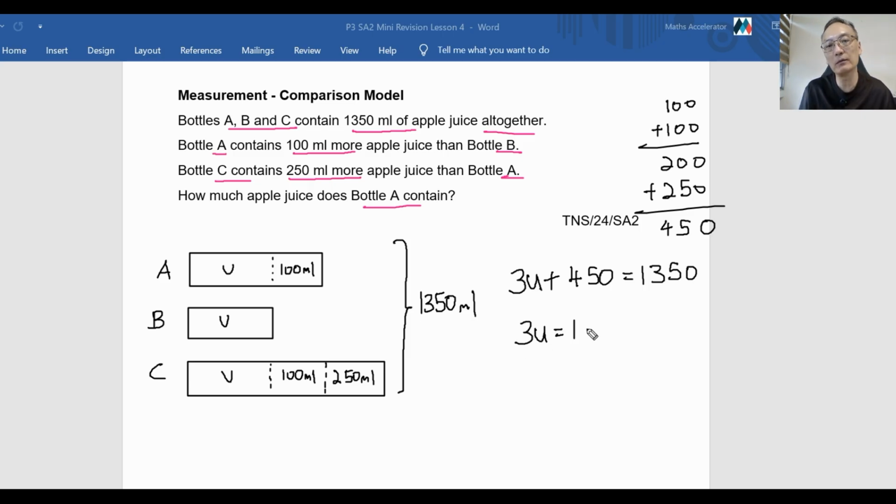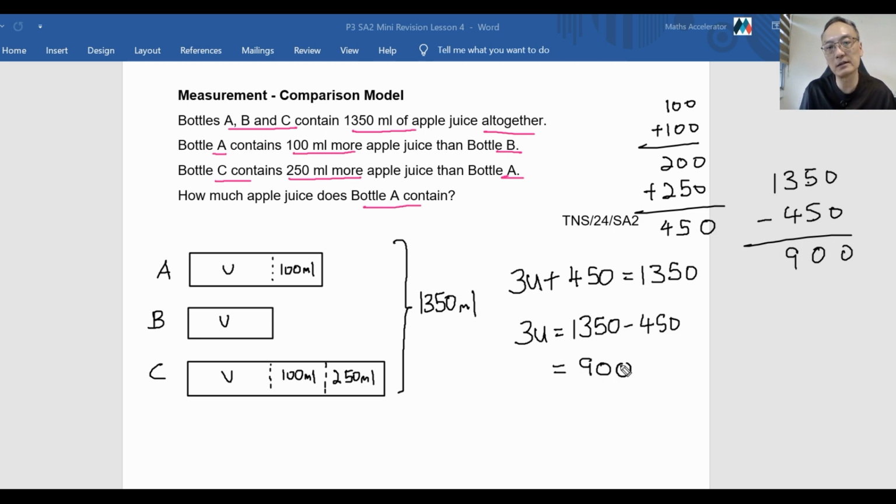Next, we have to find the value of these 3 units. So we're going to take away 450 from the total. 1350 minus 450. 0 minus 0 is 0, 5 minus 5 will give us another 0, 13 minus 4 is 9. So we know that 3 units is 900.